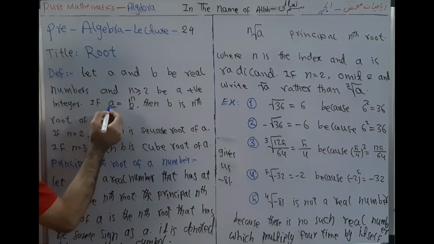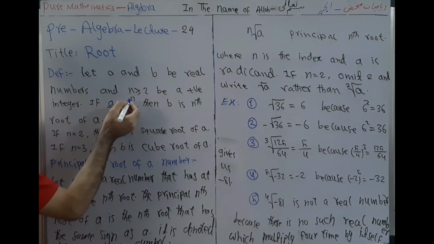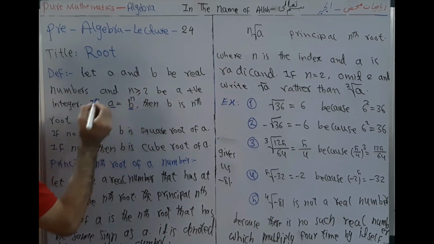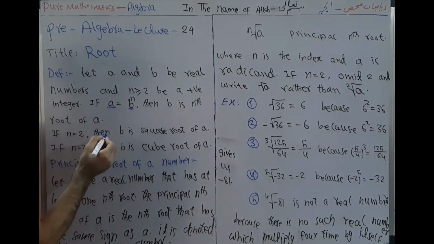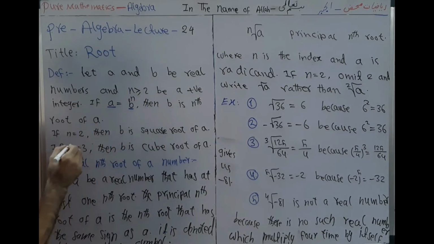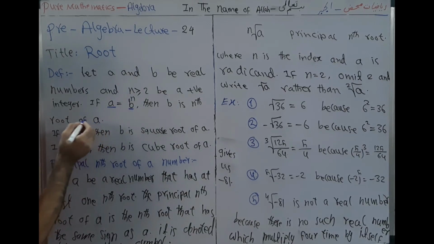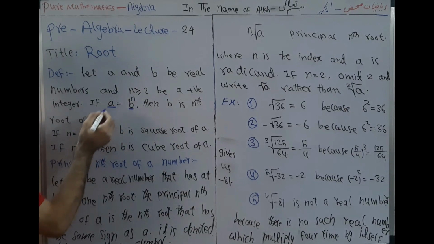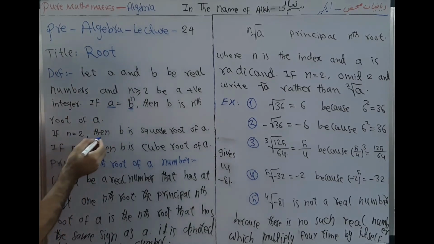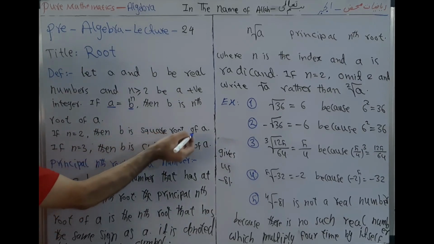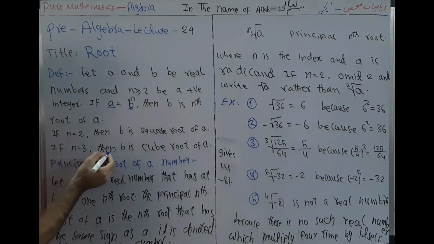Here we have three things: a, b, and n. A and b are real numbers. N is a positive integer which is greater than or equal to 2. If n is equal to 2, then b is the square root of a. If n is equal to 3, then b is the cube root of a.